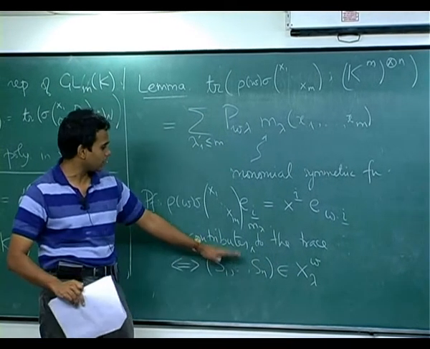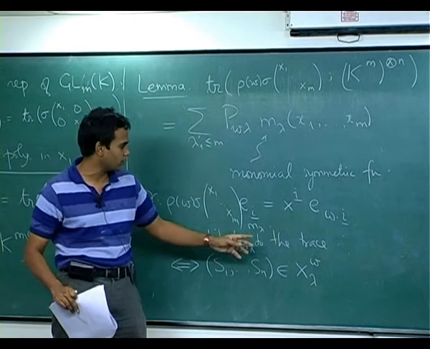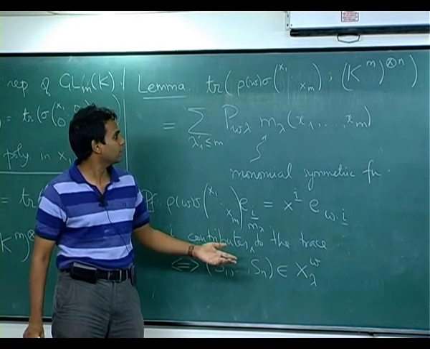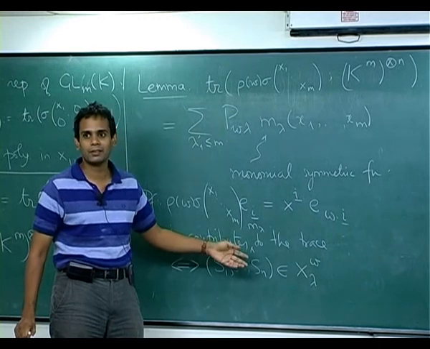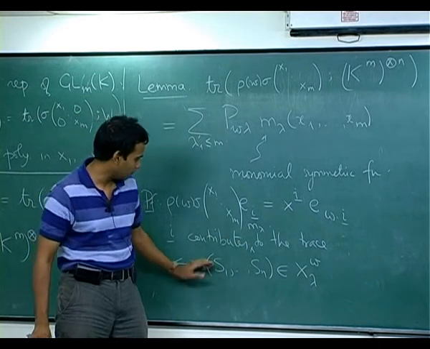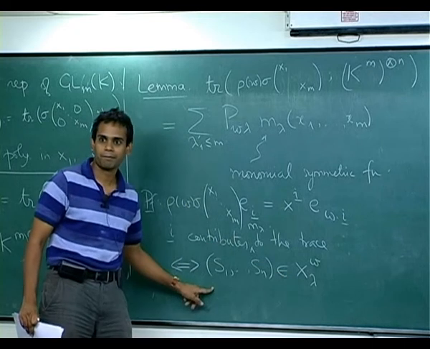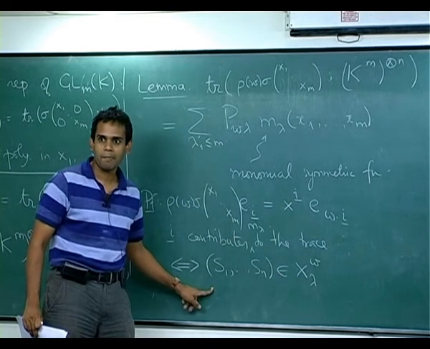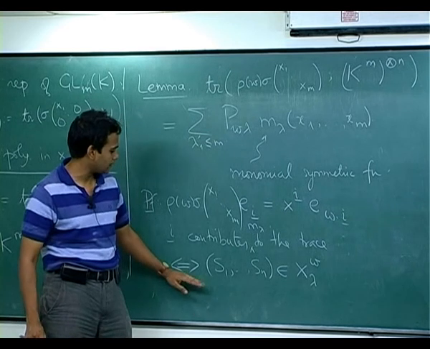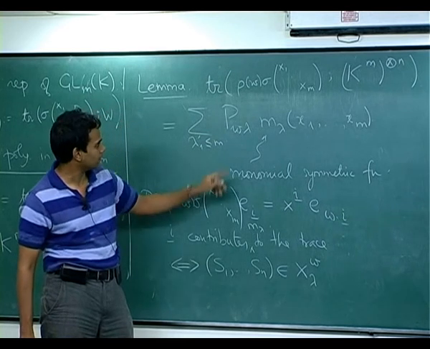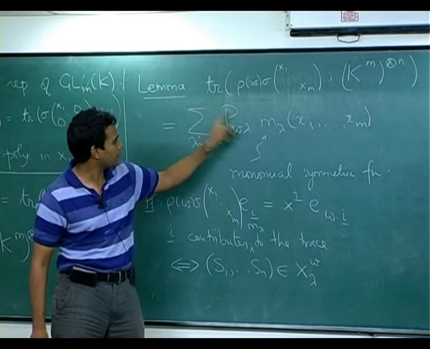This gives a bijection between the basis elements which contribute a monomial of shape lambda to the trace and the fixed points of this thing. So that shows that the coefficient of m lambda in the trace is this.